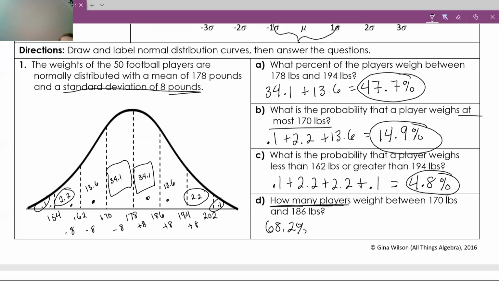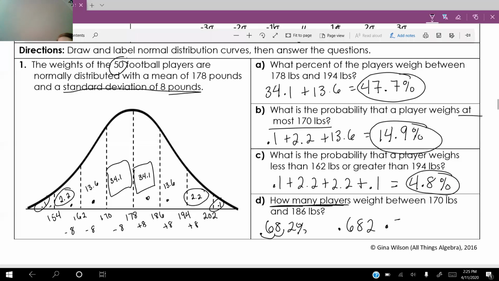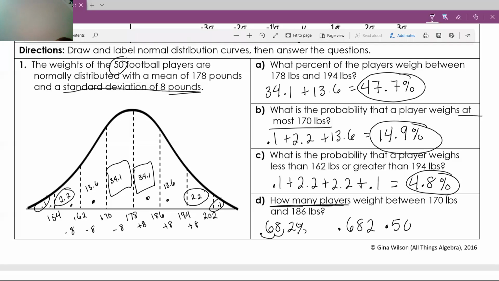So I'm going to change my 68.2% to a decimal, 0.682, and multiply by my number of players, 50. And when you do 0.68 times 50, you get 34.1. Now you can't have 0.1 of a player, so round it. 34 players.